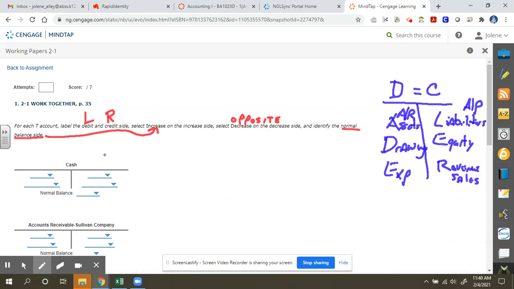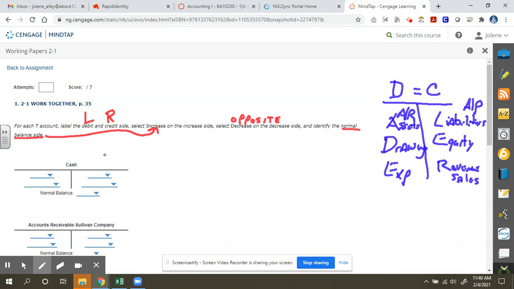Liabilities, equity, owner's capital, revenue will always increase on the credit side. These are called credit accounts because they increase on the credit side. These are called debit accounts because they increase on the debit side.